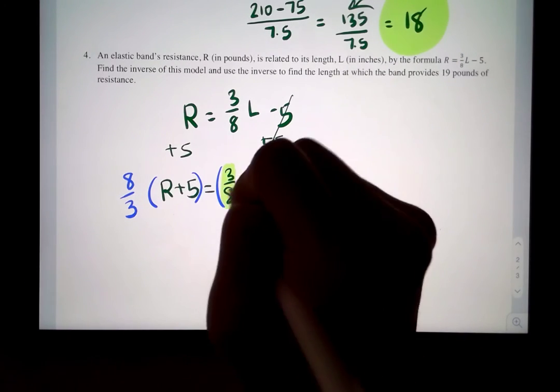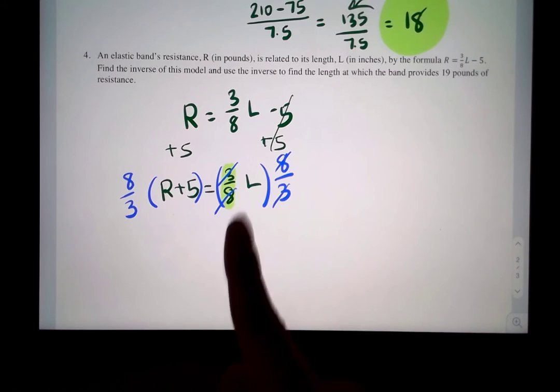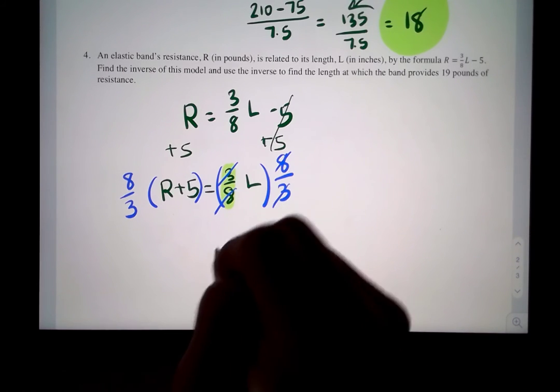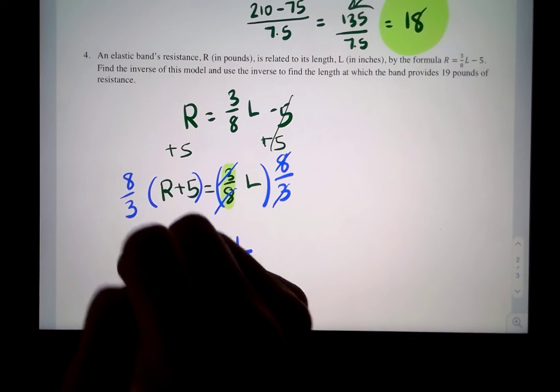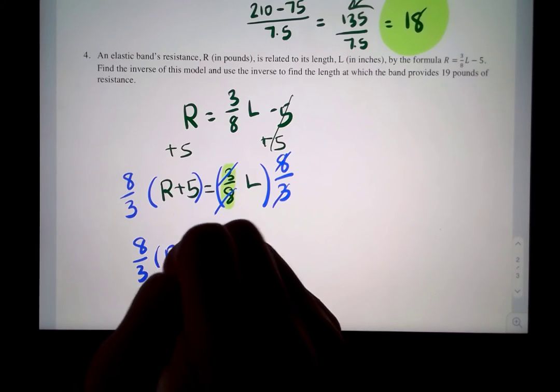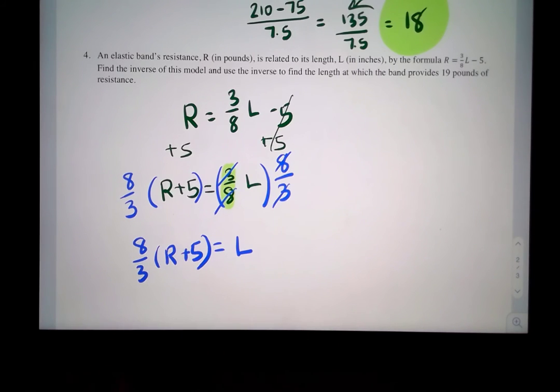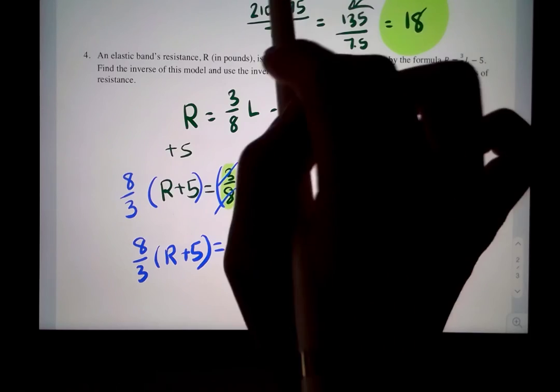Then 8 cancels, 3 cancels, so you get only L, and the other side you have 8 over 3 times (R plus 5). That's fine, you can leave it like this. So that's your inverse function.